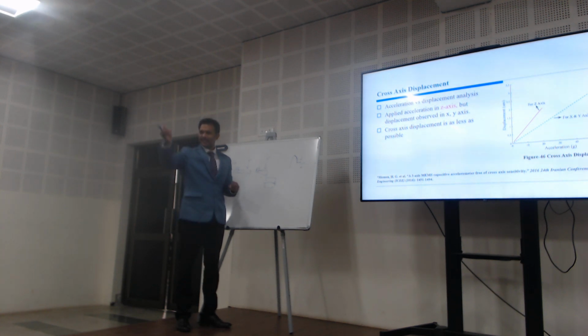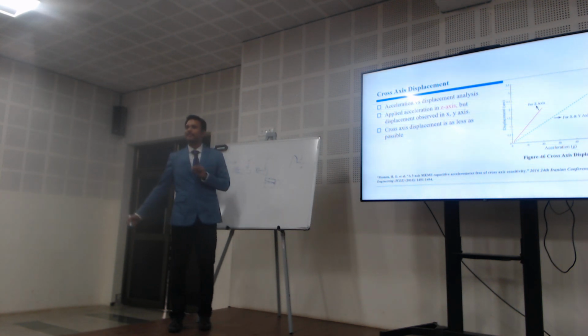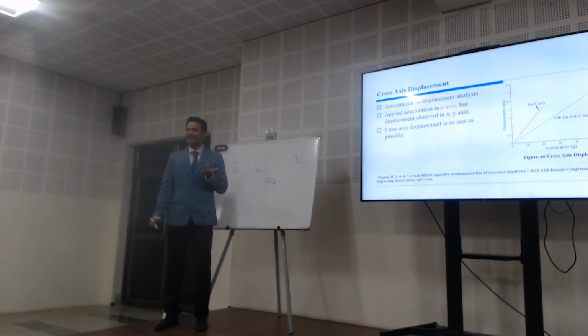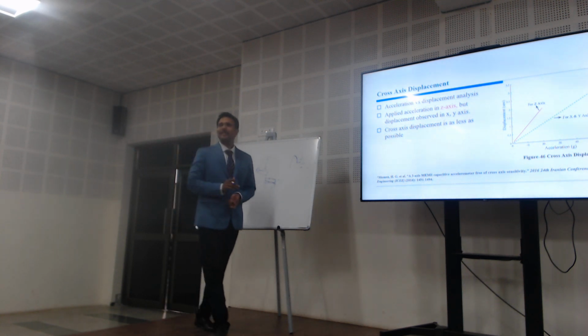Due to rigidness or some kind of plastic deformation, actually it has to come like this, but it is coming differently. What happened? We won't get the exact change of capacitance measurement. So that comes under the cross axis.